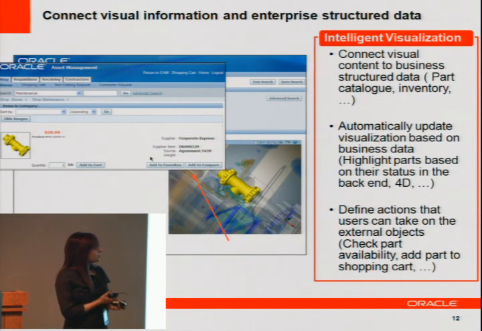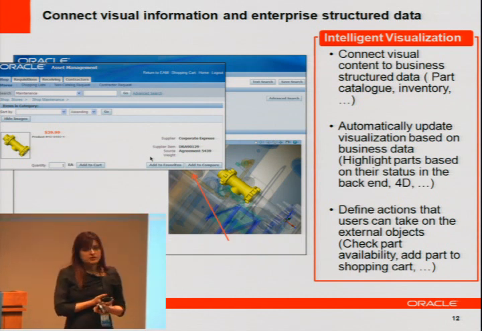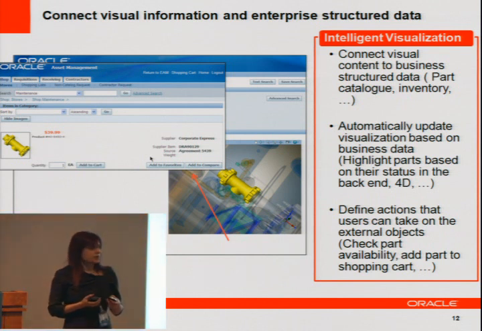Something that we are providing very recently is called intelligent visualization. The intelligent visualization is all about connecting the visual content to the business process. When the connection is done, for example, we are connecting all these parts to inventory management.